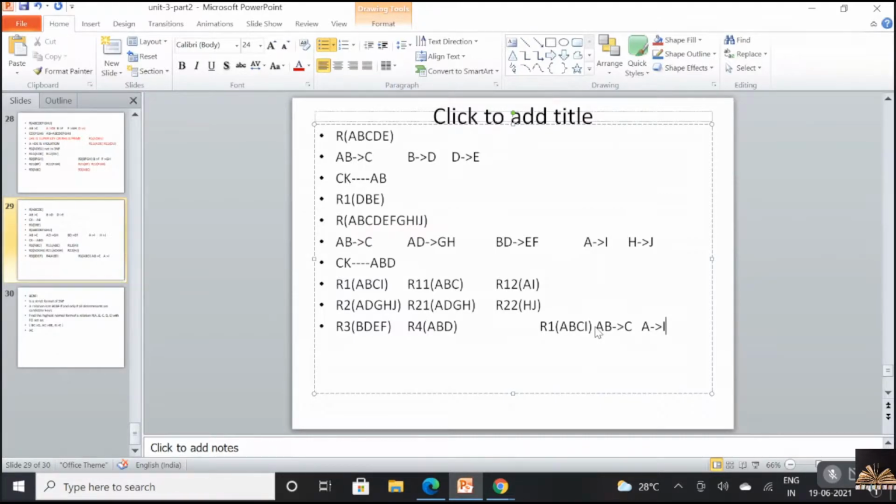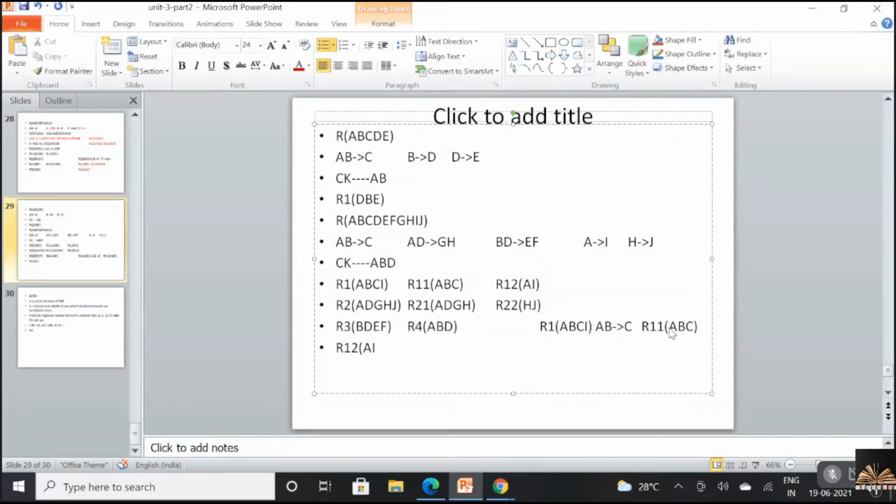No. So I'm trying to break this into pieces. AB implies C is giving me R11, which is nothing but ABC. And then I have R12 as AI, because A implies I, right?